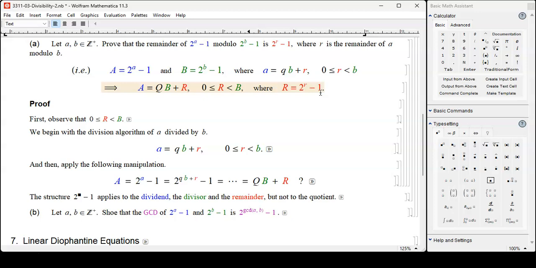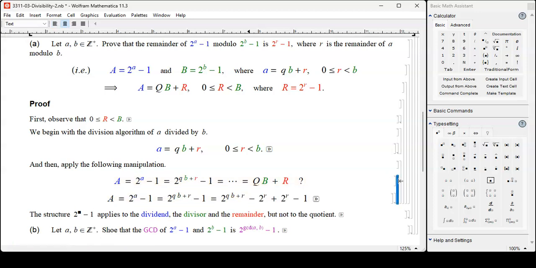Okay, how do you do that? Well, here's some basic idea. I want capital R, which is 2 to the r power minus 1. We have minus 1 here, so we want to insert 2 to the r power one way or the other. And this is how you do it. Put it in and subtract so that the net is 0. No change.